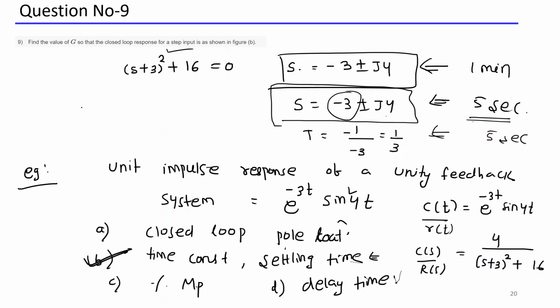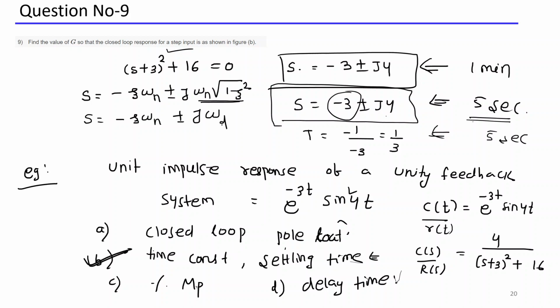You know, sir, whenever a second order system is given, the pole will be minus zeta omega n plus minus j omega d. Omega d is omega n into square root of 1 minus zeta square. This is for a step response, right, sir? Omega d is the damped frequency of oscillation, and minus zeta omega n is the real part.